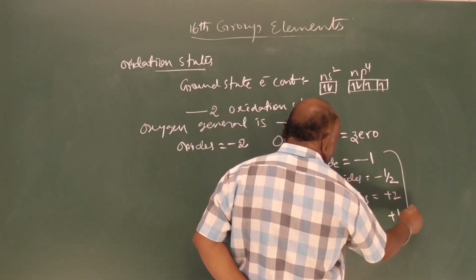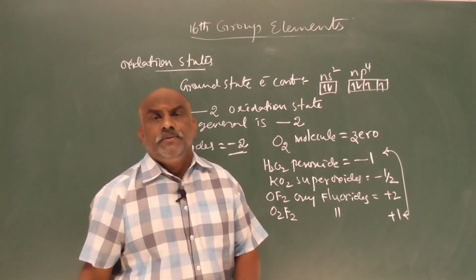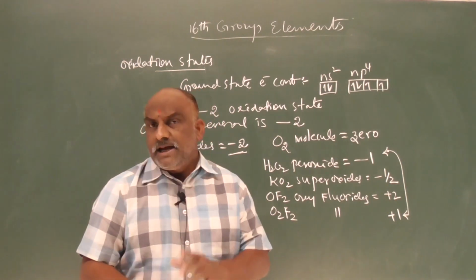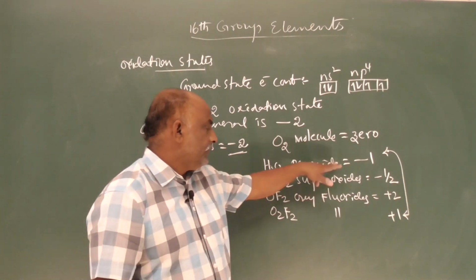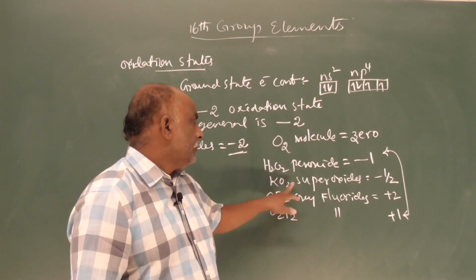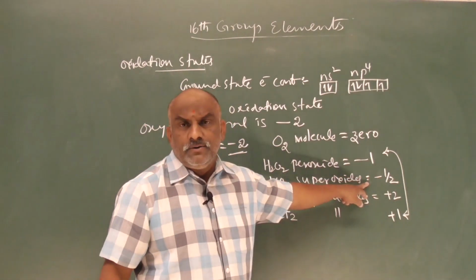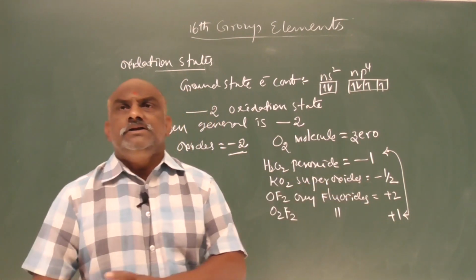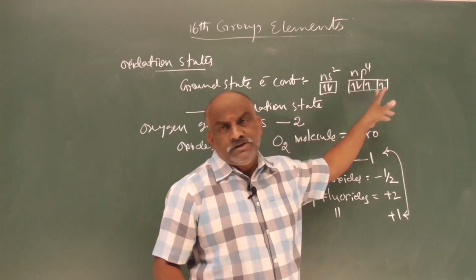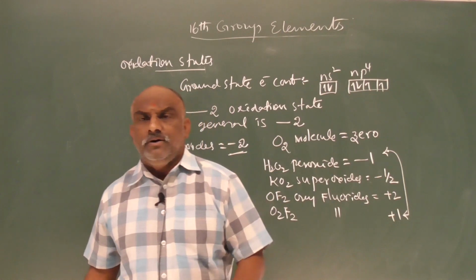So make a note, my dear students. These points are very important from the entrance exam point of view; questions are likely to be selected from oxidation states. KO2, potassium superoxide: the oxidation number of oxygen is -1/2. Generally, oxygen's oxidation number is -2 because it has 6 electrons in the outermost shell, so it is ready to form 2 bonds.